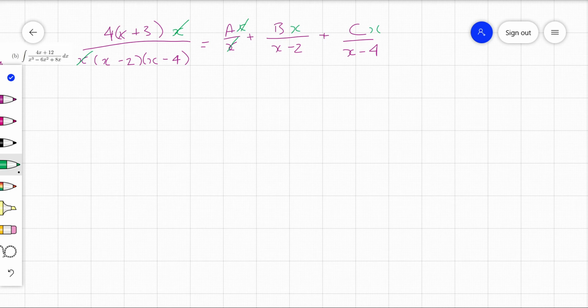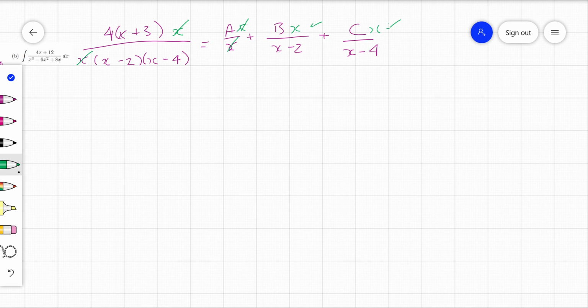So you'll see that if I make x equal 0, because it's subbing in for that x, this term and this term will both disappear.